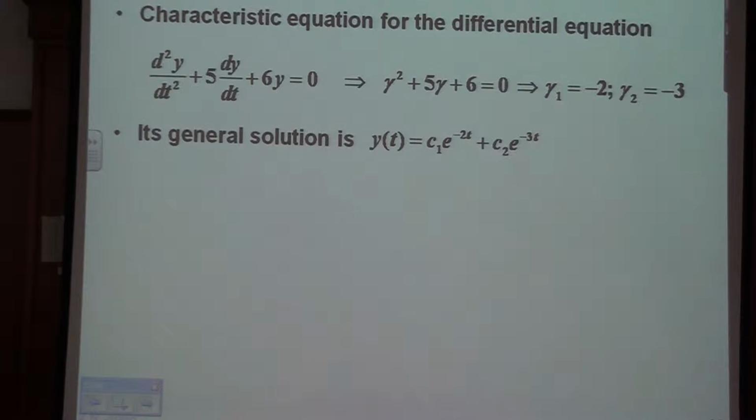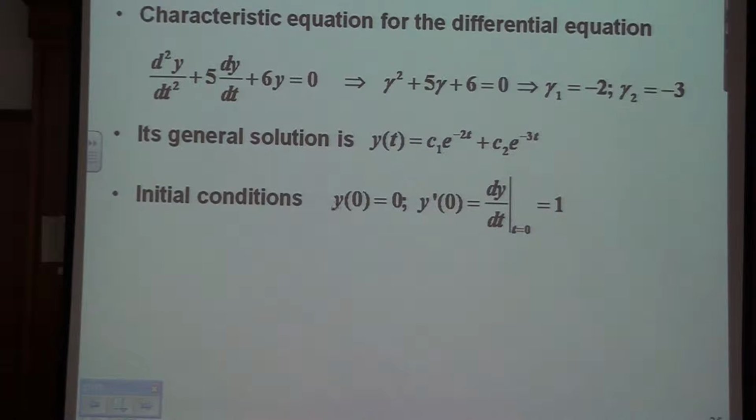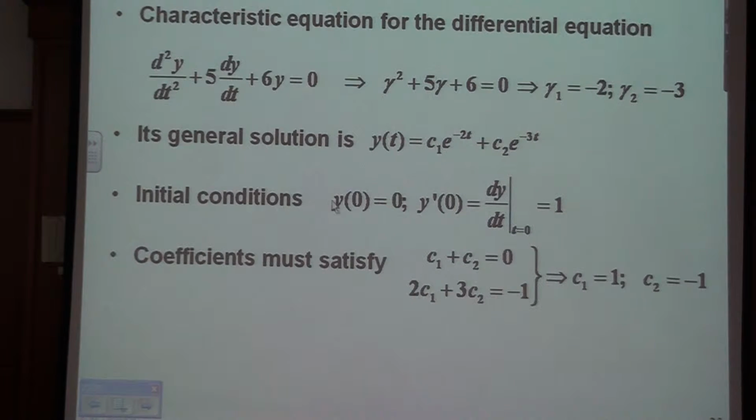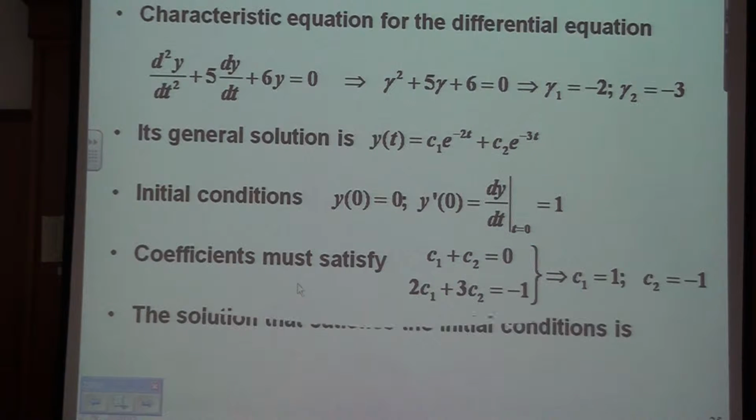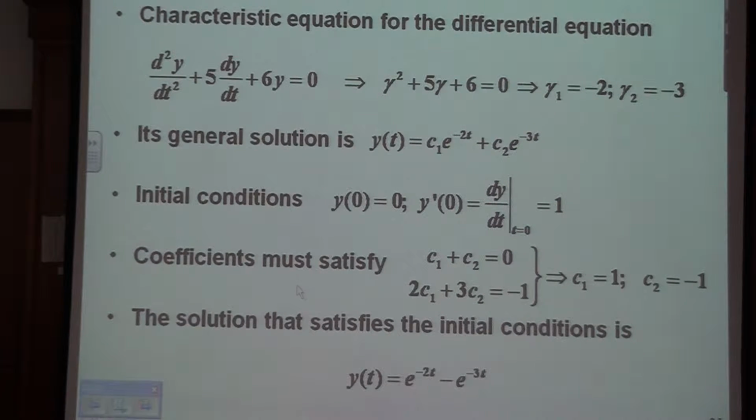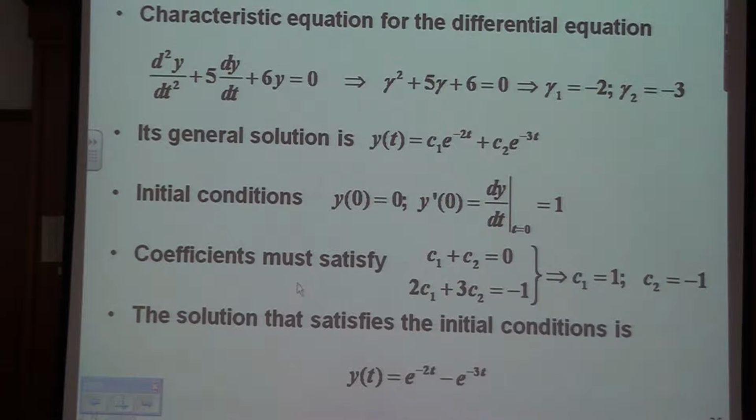For differential equations, these are the solutions we have. Given the initial conditions, you can solve for the coefficients. That's y(t) = e^(-2t) - e^(-3t).